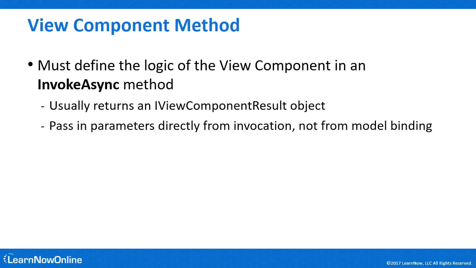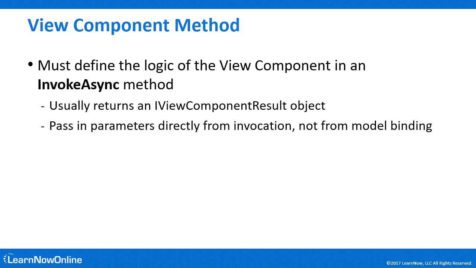And one nice thing about the way it's invoked is that you can pass in parameters directly from the invocation, not from model binding. It doesn't buy into the model binding of the controller or the view that you are invoking it from. So if you're used to using other forms of reusable content in classic ASP.NET, that may take a little bit of getting used to, but it's actually kind of liberating.